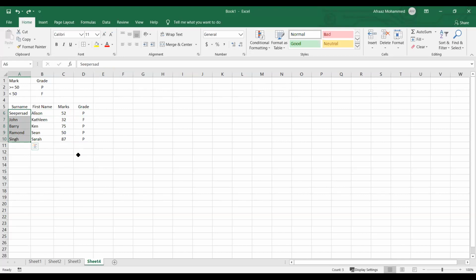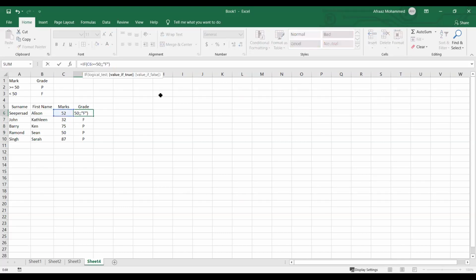So one of the things we could use is absolute referencing. So to do that, we're going to change the formula a little bit, and instead of the P, we could use $B$2, and then instead of the F, we use $B$3, right? And it gives you the same result.